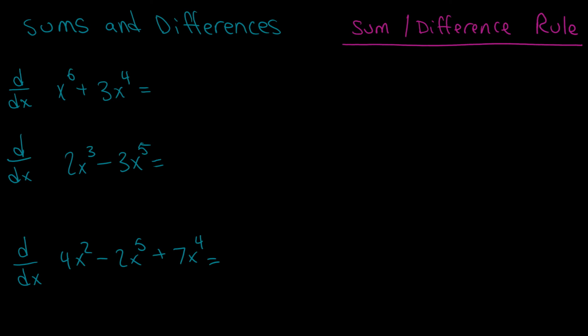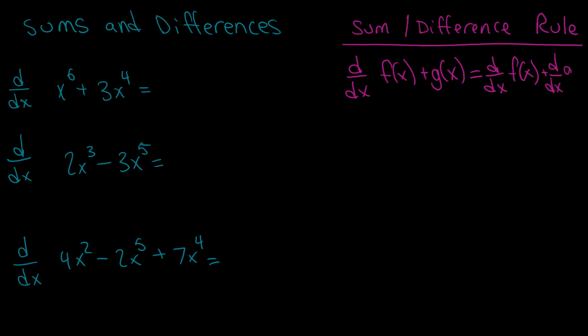What that means is if you're differentiating with respect to x of, let's say, f of x plus g of x, so these are two different functions, that is the same as differentiating with respect to x of the first function plus differentiating with respect to x of the second function. Now that's the sum rule.